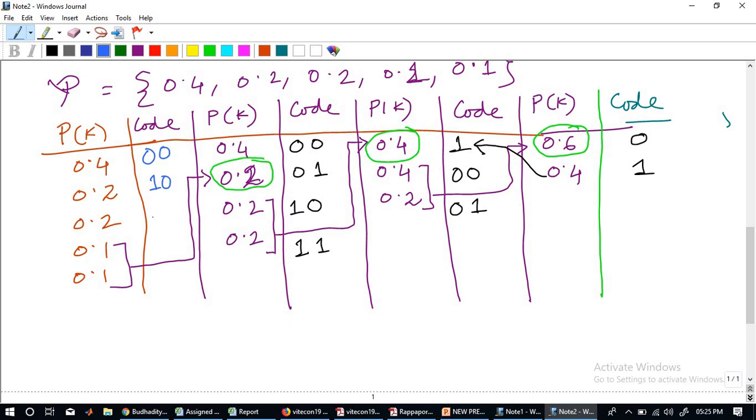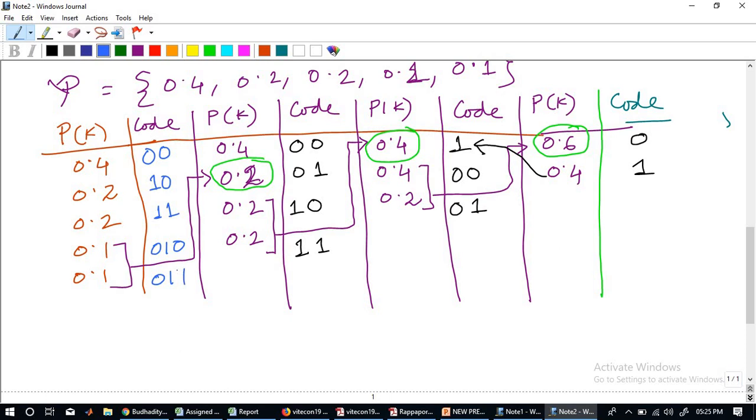Then 1, 1 or 1, 0? Okay. Next. Very good. Simple as that.